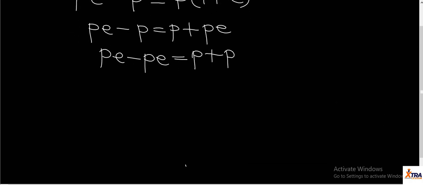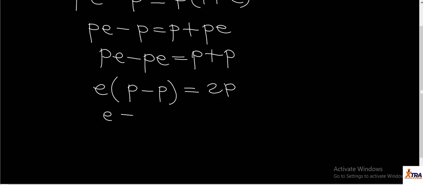Reaching here, it looks as if PE minus PE will give us 0, so we won't be able to state any value for our identity element. But no, because we need our identity element as a value, we factorize the identity element out of this. So we have P minus P equals 2P. And then we can say our E here is 2P divided by 0.